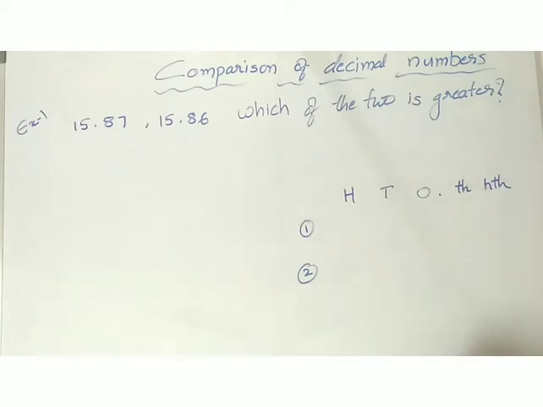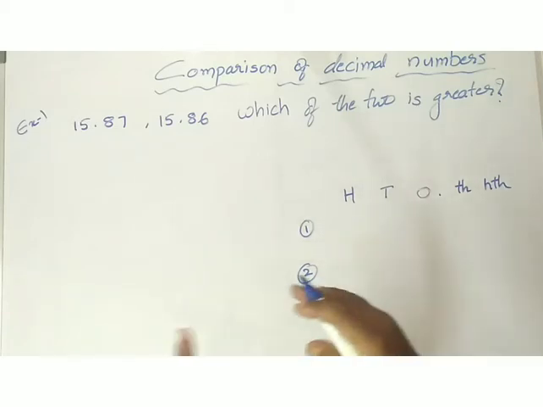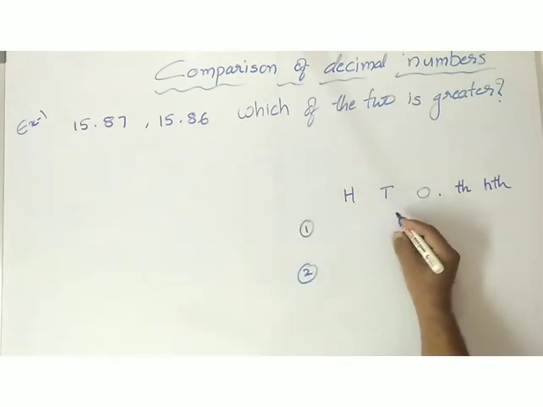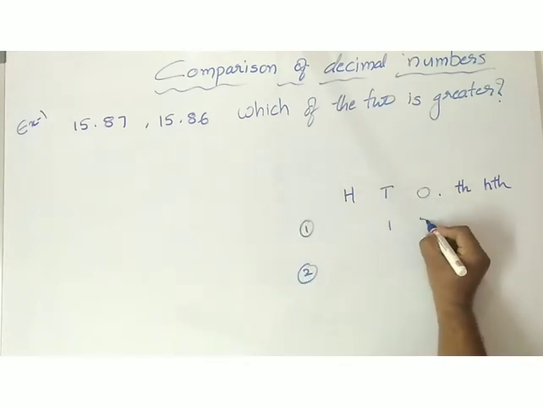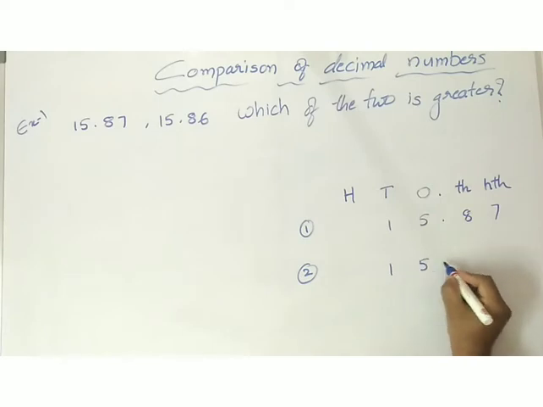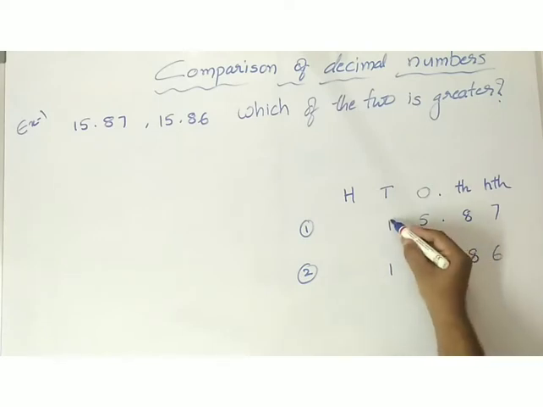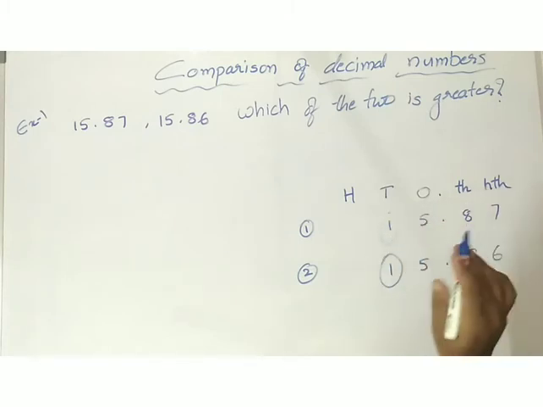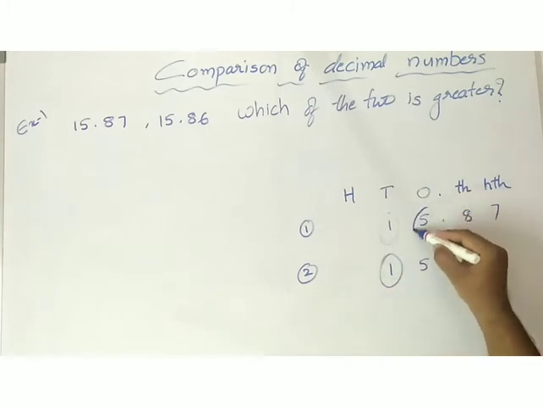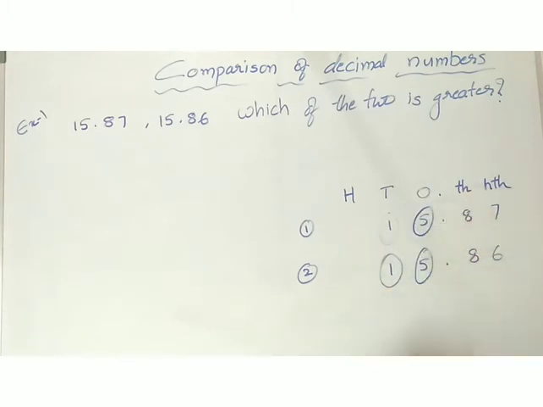Here one technique is there. Instead of going digit by digit, I write both numbers: 15.87 and 15.86. In the tens digit, 1 and 1 are the same. Next the ones digit, 5 and 5, same.